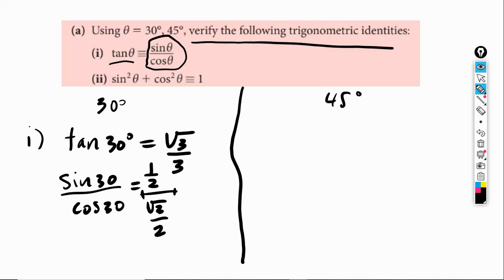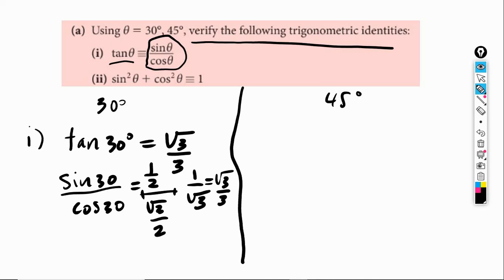And then if we manipulate this algebraically, what we're going to get is 1 over square root of 3. But remember that this is the same as square root of 3 over 3. How so? Well, if you multiply this by square root of 3 and this by square root of 3, right? Okay, so that's with 30 degrees.